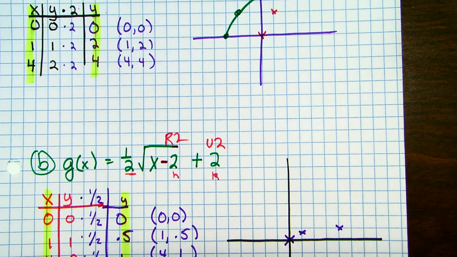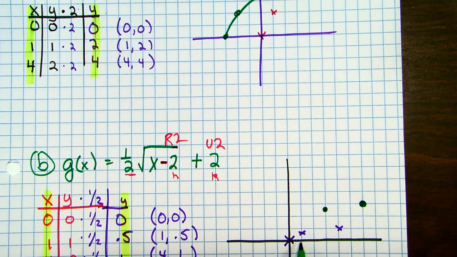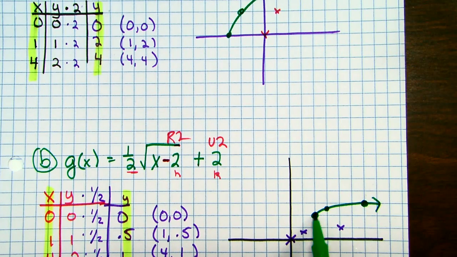You just do 2 movements. I call it hovering. Like, look, I just put my pen over it, and I go right 2, up 2. There I go. Right 2, up 2. Right 2, up 2. Notice, again, arrows only on one side. There's an end point at the other.